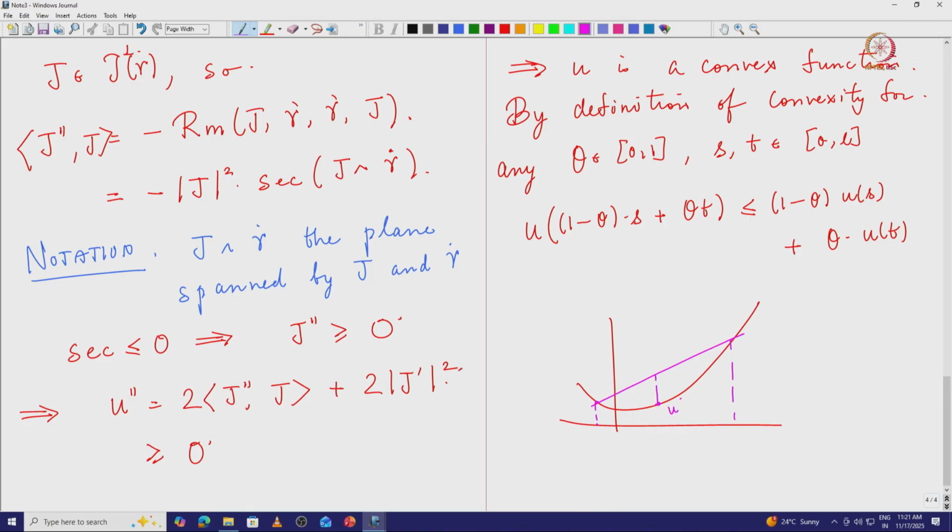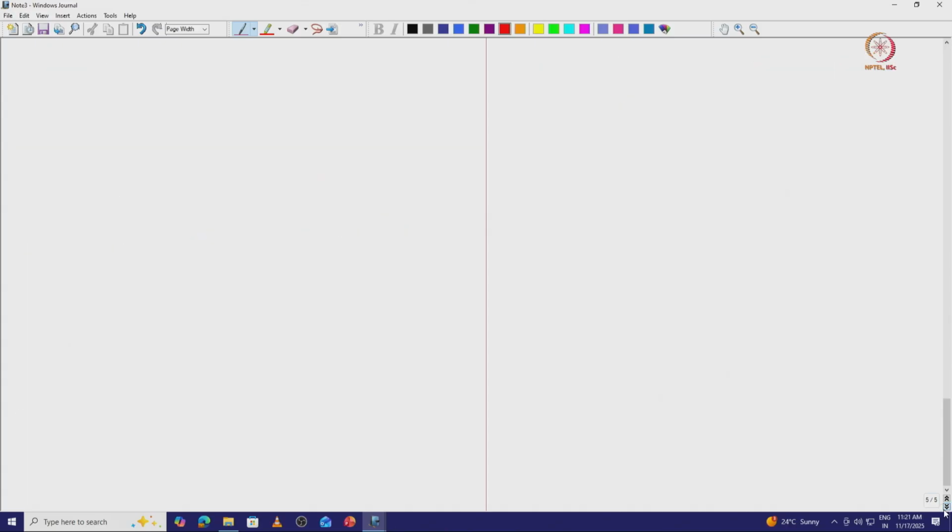So, this is going to be U of 1 minus theta S plus theta T. So, that is going to be smaller than the convex combination of the values at U of S and U of T. Okay, so, now just apply this to maybe S equals 0 and T equals L.